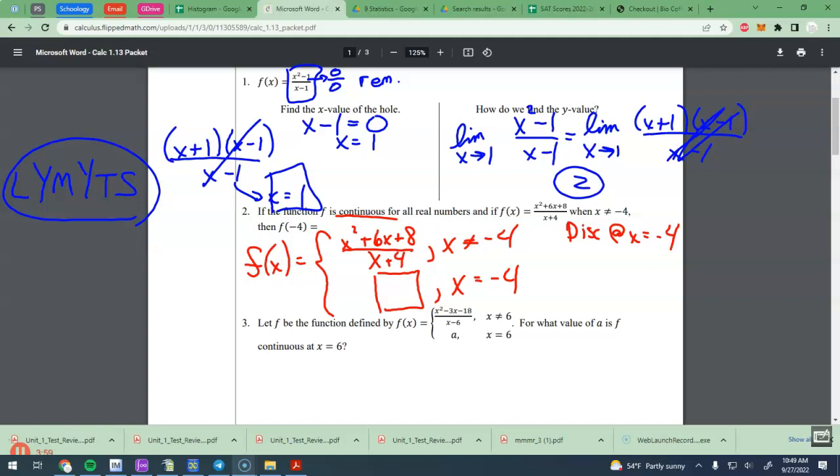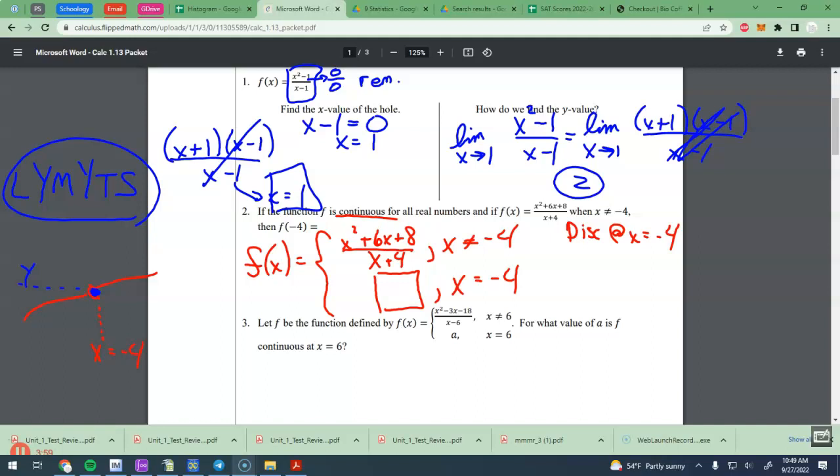So right now we've got this kind of situation, where this x value is negative 4. And if it is continuous everywhere, then I know that dot must have been filled in. The x value of that dot is negative 4. My question is, what's the y value of that dot? How do I find y values?